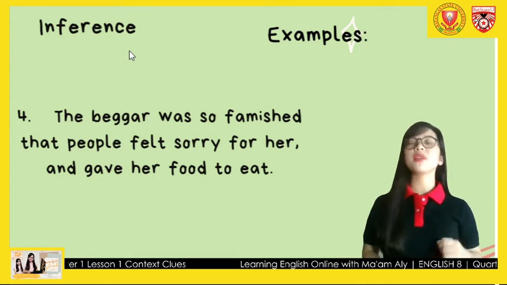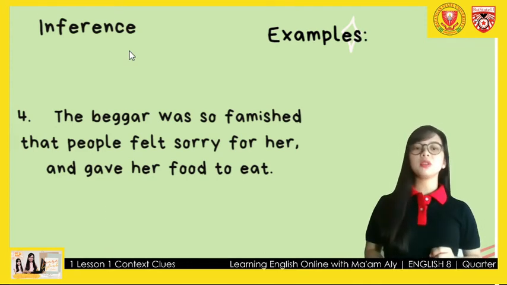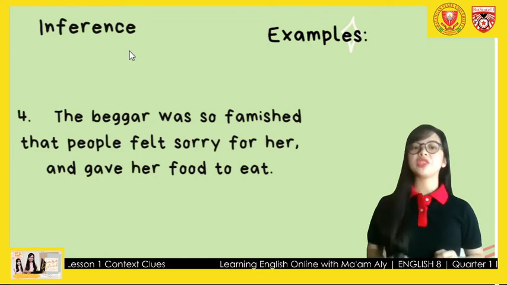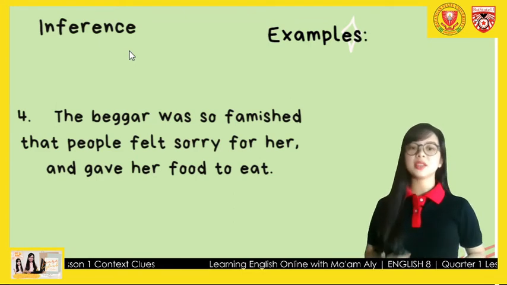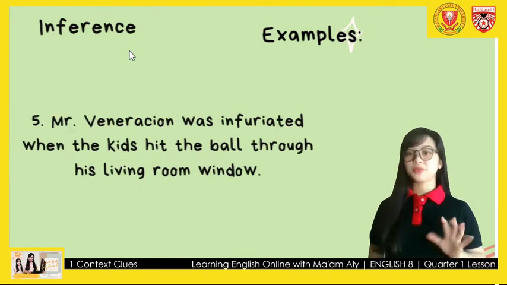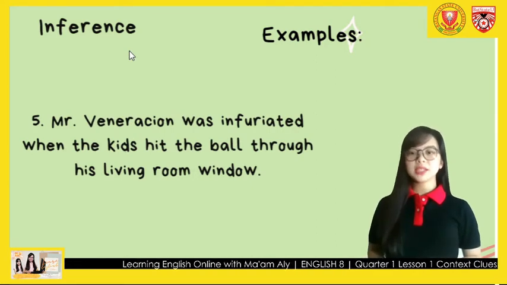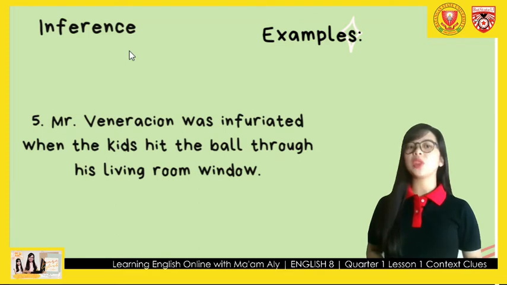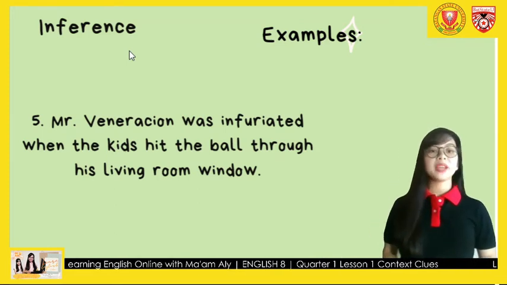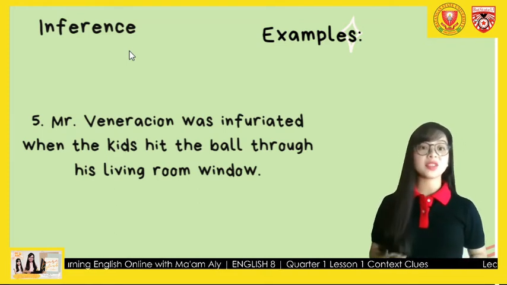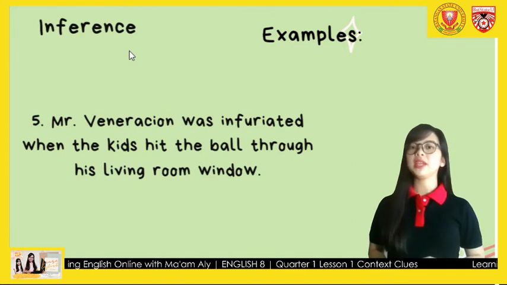In the case of the sentence given, the people offered food, which may suggest that the beggar needs it and is extremely hungry. Fifth sentence, Mr. Veneracion was infuriated when the kids hit the ball through his living room window. Here, breaking one of the things a person values at home can make him extremely angry.